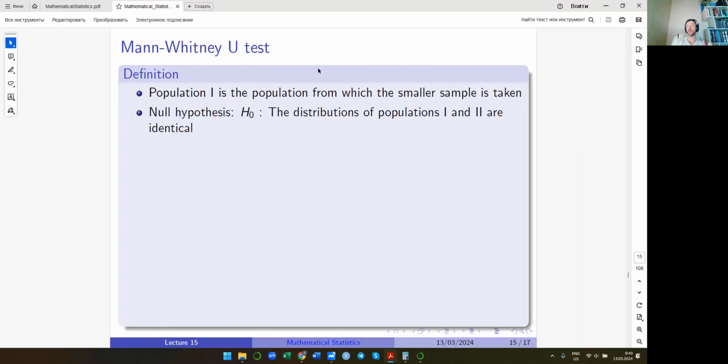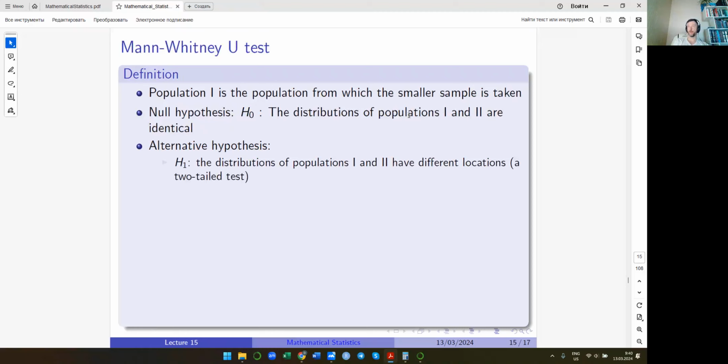Now, the null hypothesis says that the distributions of populations 1 and 2 are identical. The alternative hypothesis can take 3 different forms, as it was in our 2-sample t-tests before. First version, the distributions have different locations.